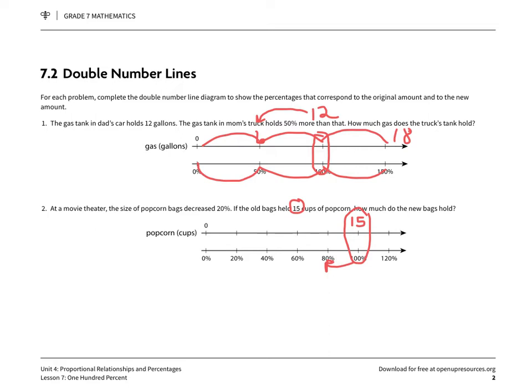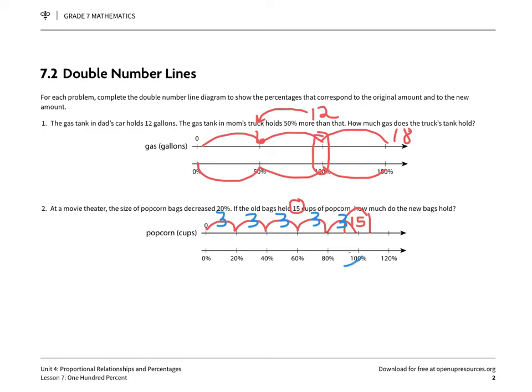So what I have to do is figure out how many I'm dividing that 15 cups into. There's 1, 2, 3, 4, 5 equal sections to get to that 15. What does that mean? Well, it means each one of those divisions would hold 3 cups of popcorn. So 3 cups, 3 cups, 3 cups, 3 cups, 3 cups.